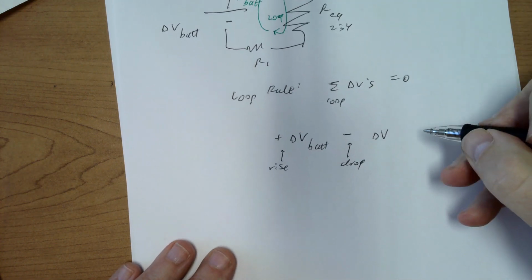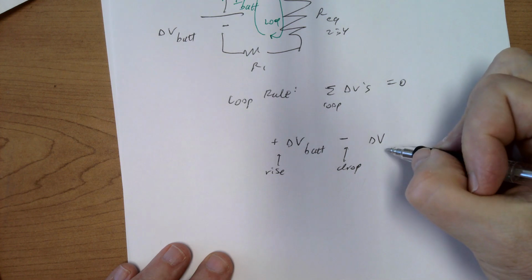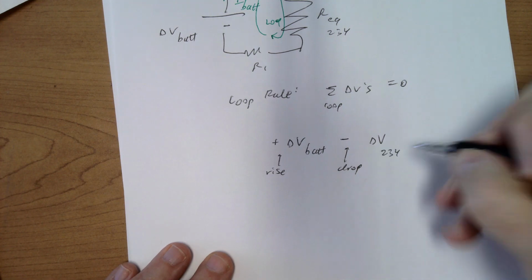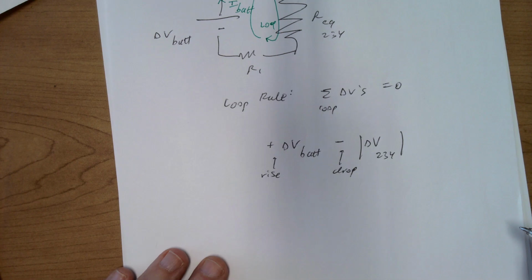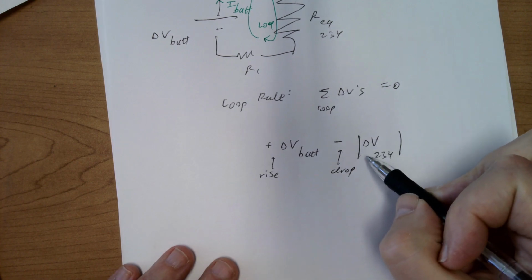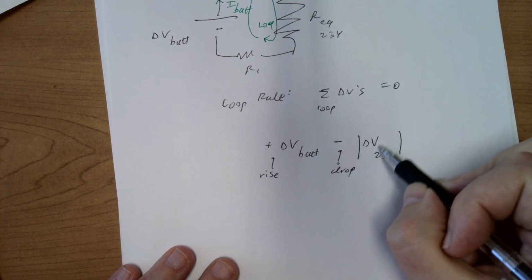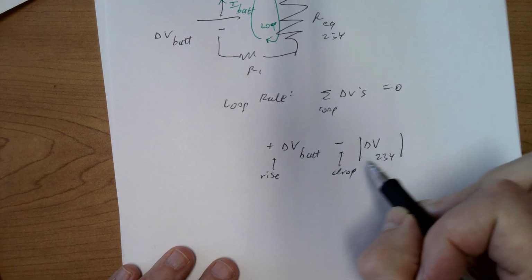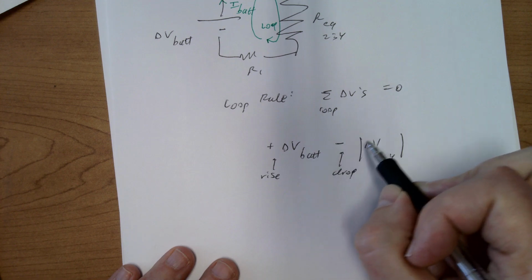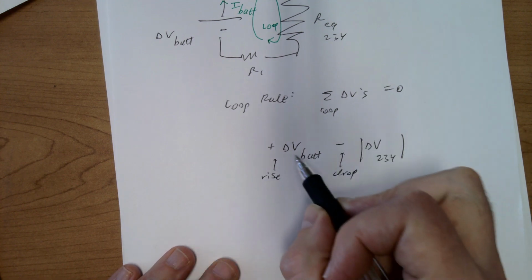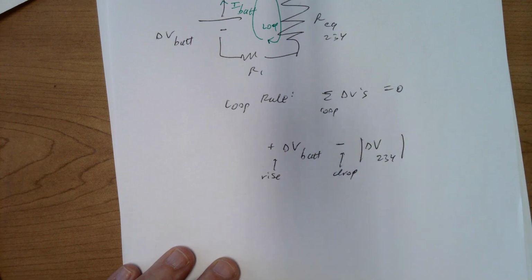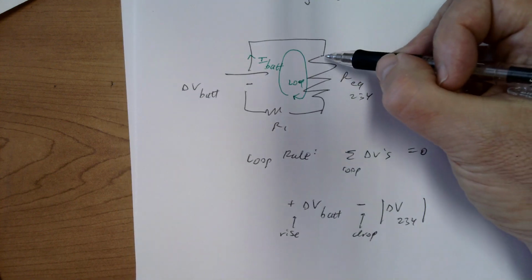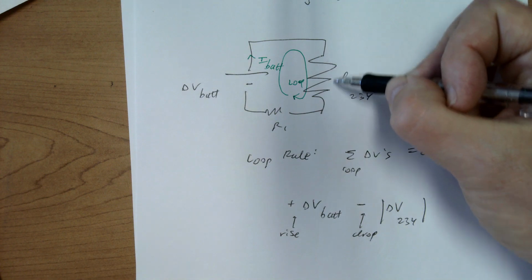That's the delta V of 2, 3, 4. And I'm going to put absolute value because we're dropping by an amount, a magnitude, which is going to be a positive amount. But because it's a drop, I'm putting a minus sign, so that all of the changes can then add up to 0.